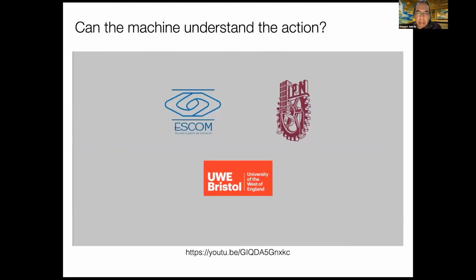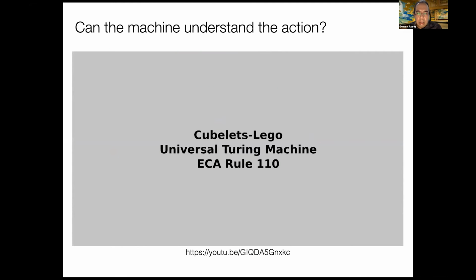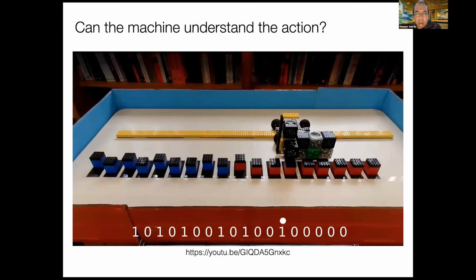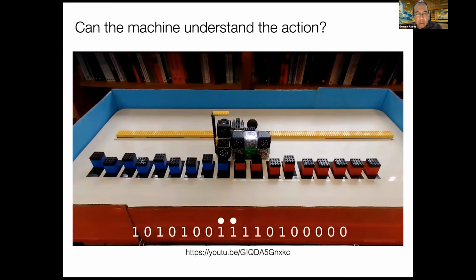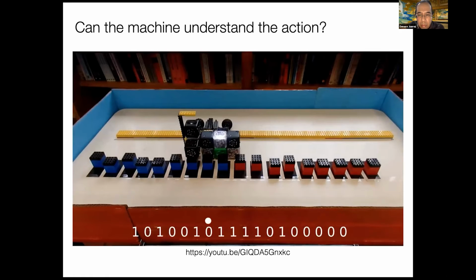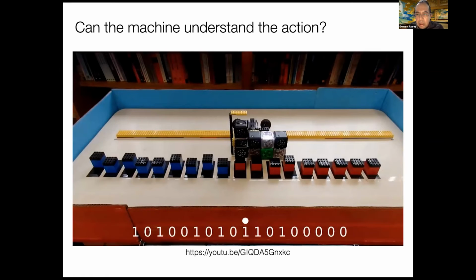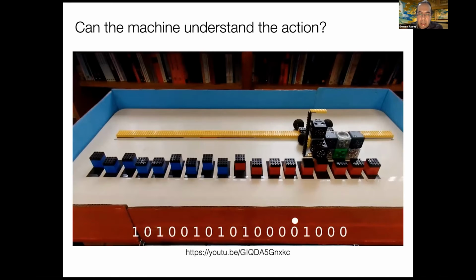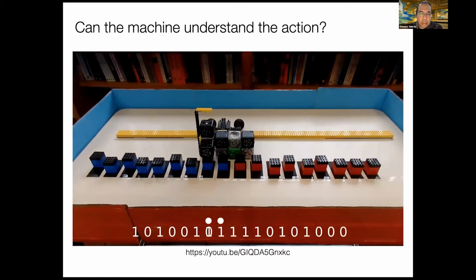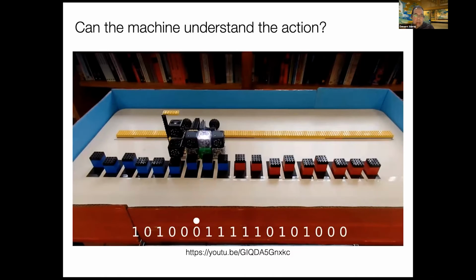The machine basically uses two simple actions. One action is move left or right. That is the original concept of a Turing machine. So one sensor, that is the Cubelets robot that is in the front, captures what is the binary value in the tape.